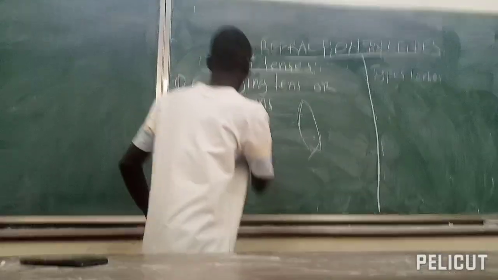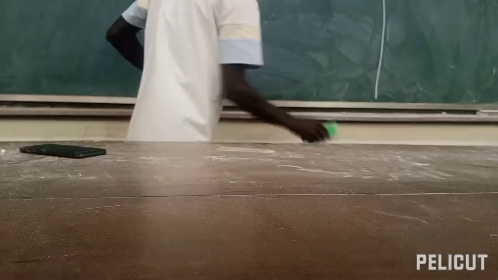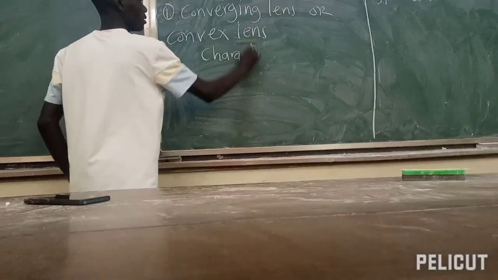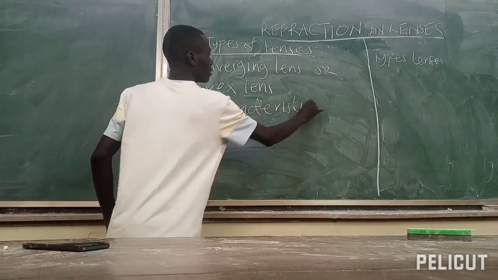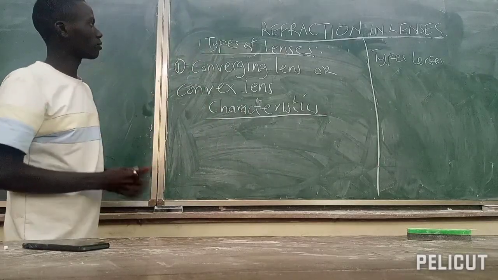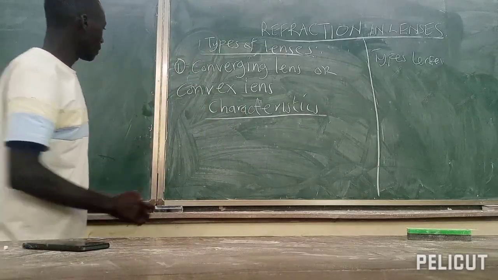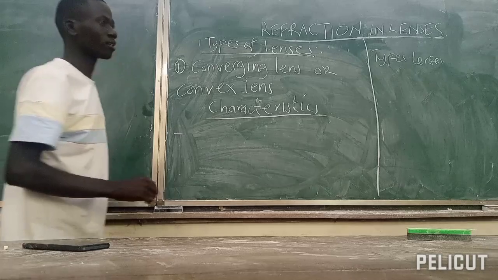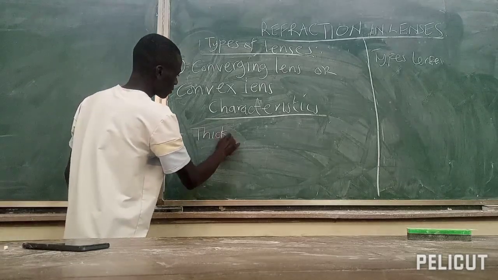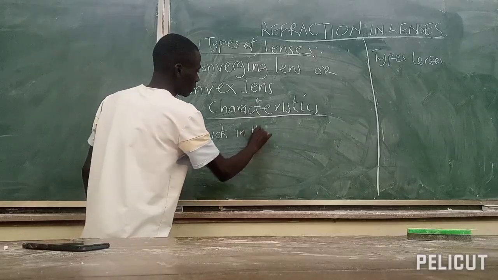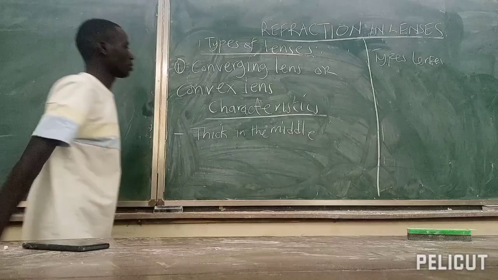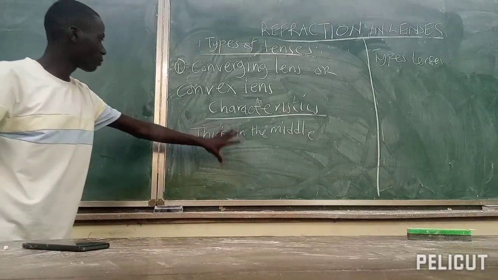So let us look at the characteristics of this lens here. This type of lens is called a converging lens. When you look at this converging lens, it is very thick in the middle.